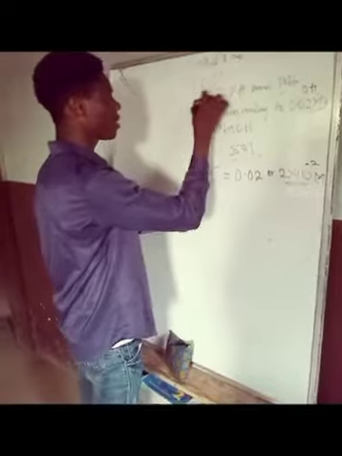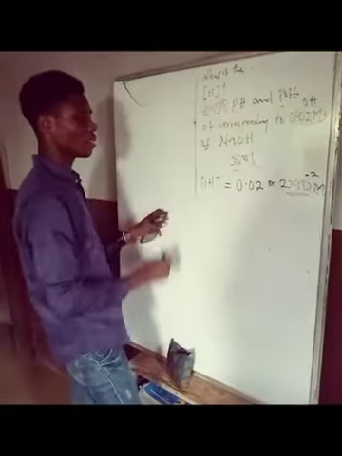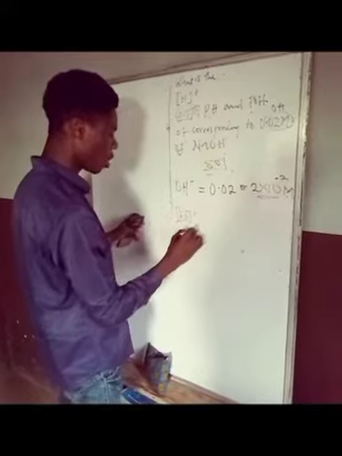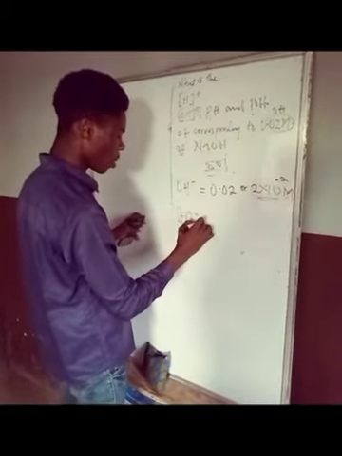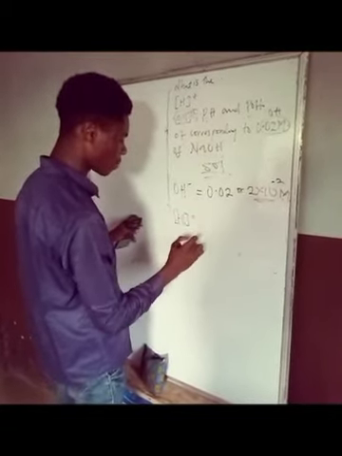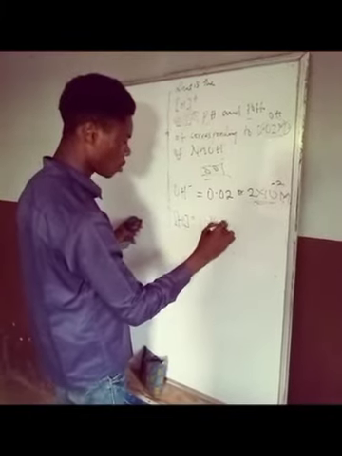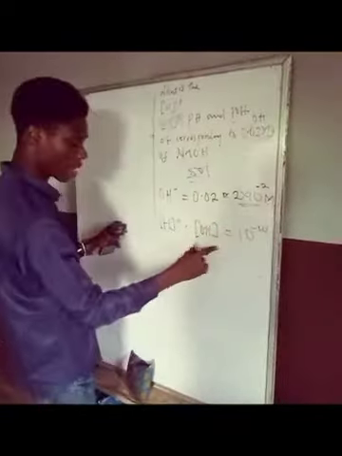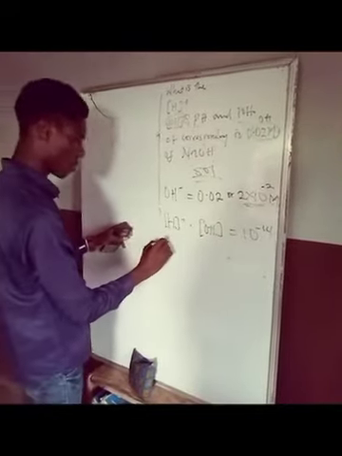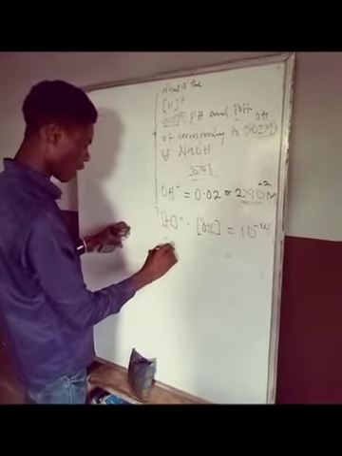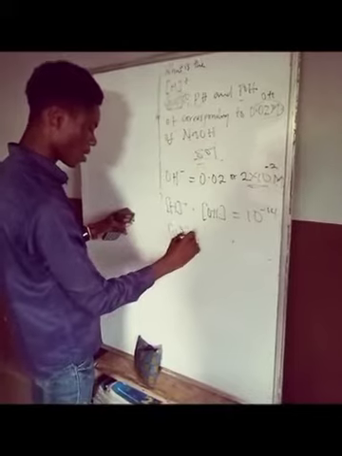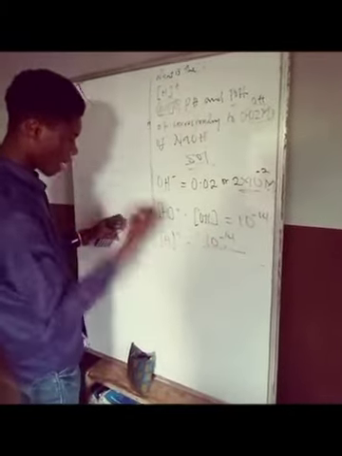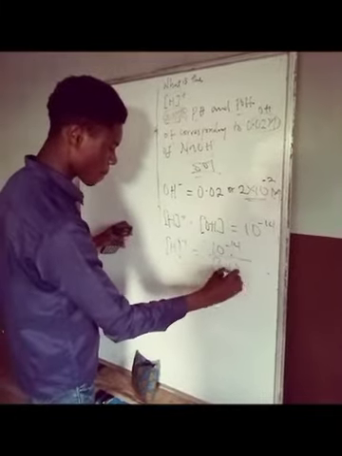So we have found this out. To find the hydrogen ion, we make use of hydrogen ion times hydroxyl equals 10 raised to power minus what? 14. Don't forget this formula. Then hydrogen ion, which is what we are looking for, equals 10 raised to power minus 14 over hydroxyl ion.